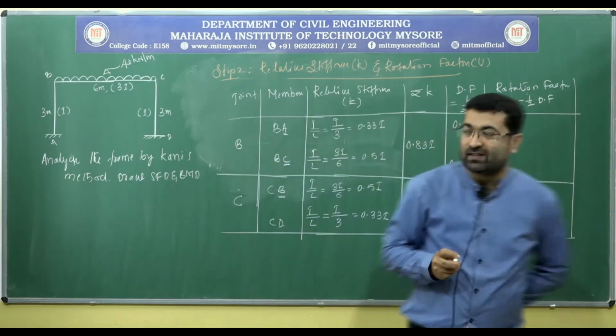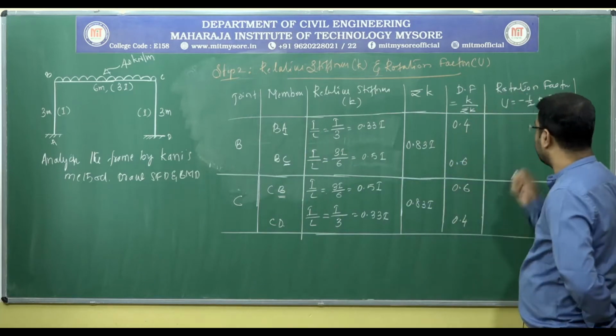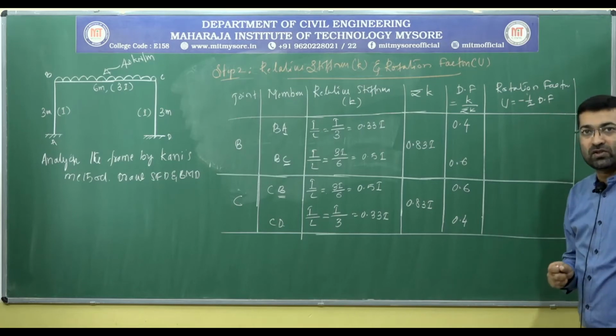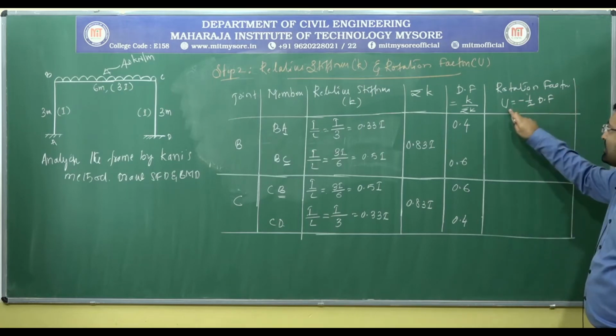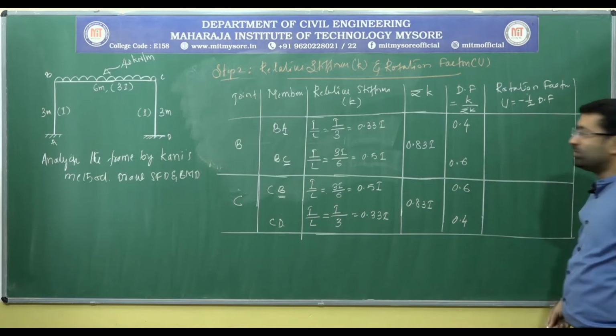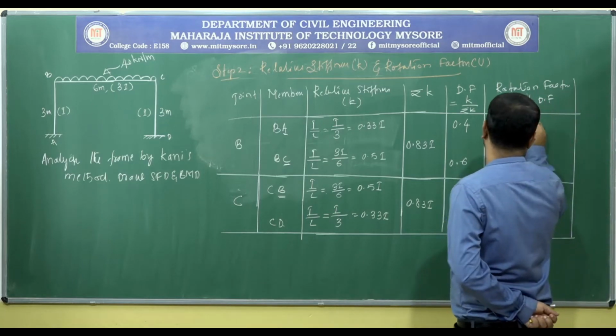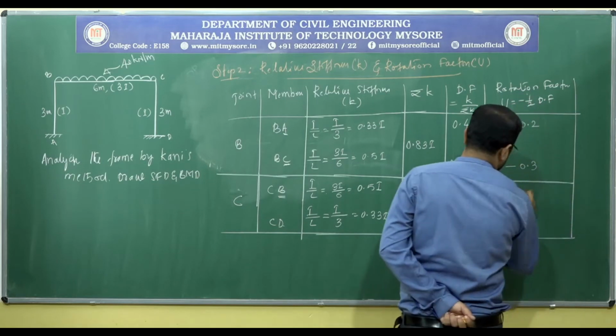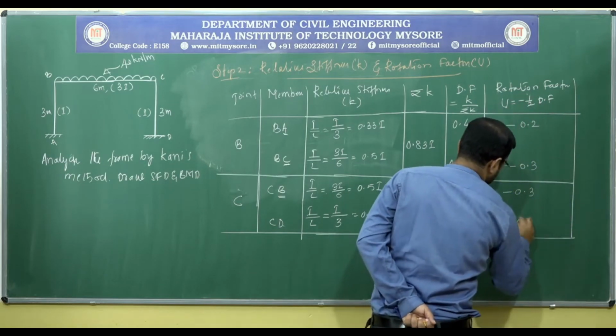Once we estimate the distribution factors, then we need to calculate the rotation factors. Rotation factor is equal to minus half of the distribution factor. So this is minus 0.2, minus 0.3, minus 0.3 and minus 0.2.